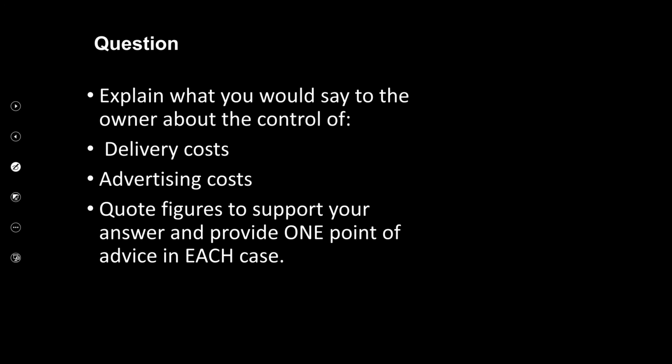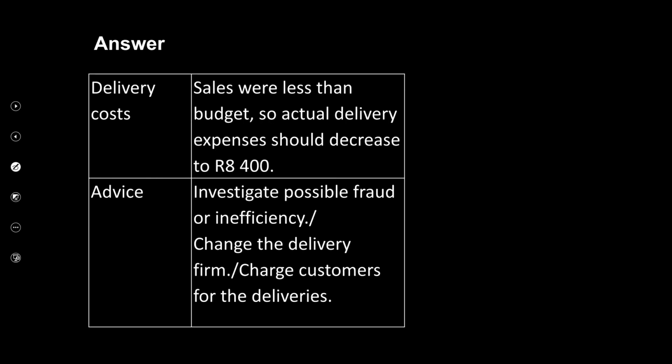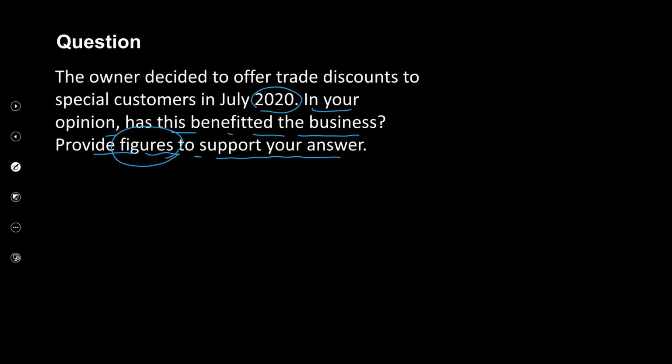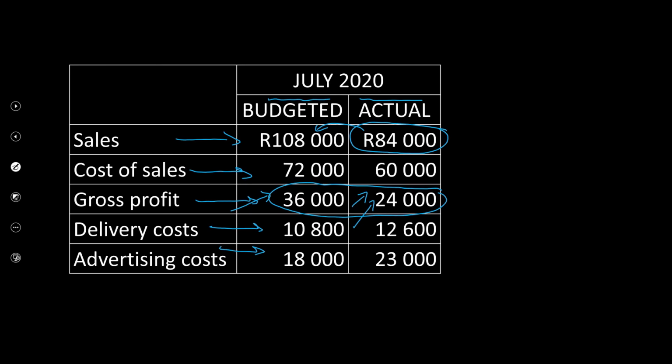Explain what you would say to the owner about the control of delivery costs. Right? Quote figures to support your answer and provide 1 point of advice in each case. Right, let's start with the delivery cost. What do we know? Firstly, let's look at the delivery cost figures that we have here.